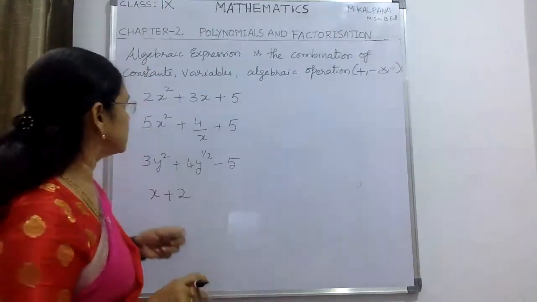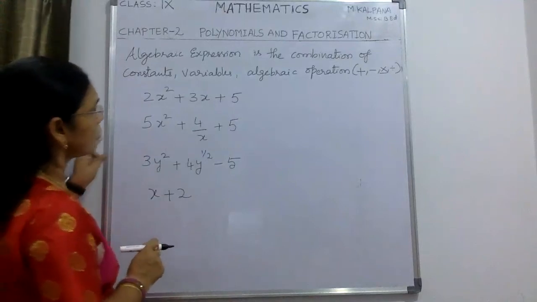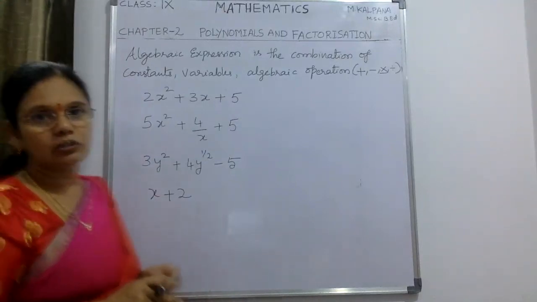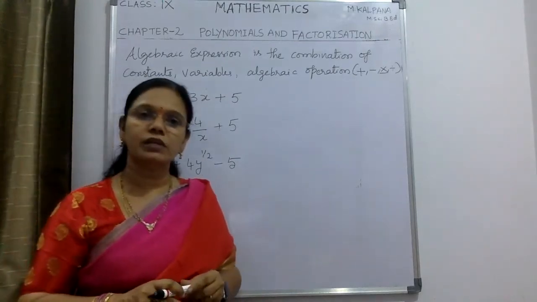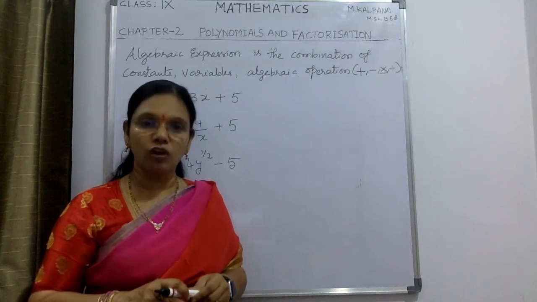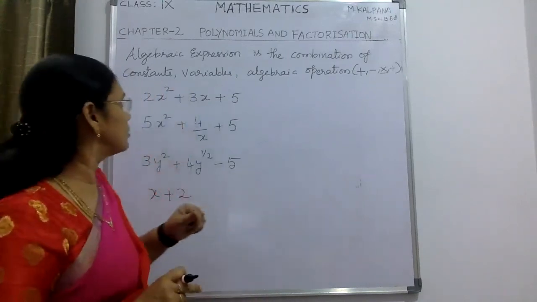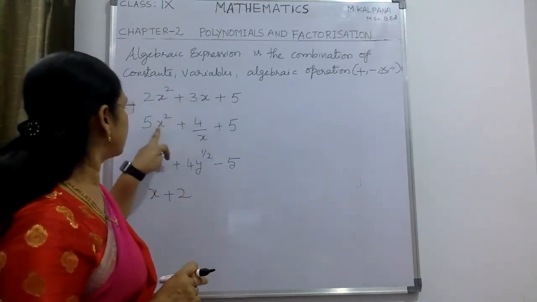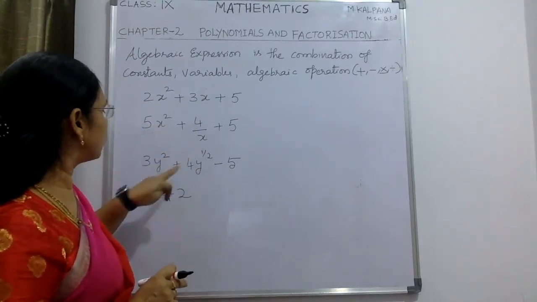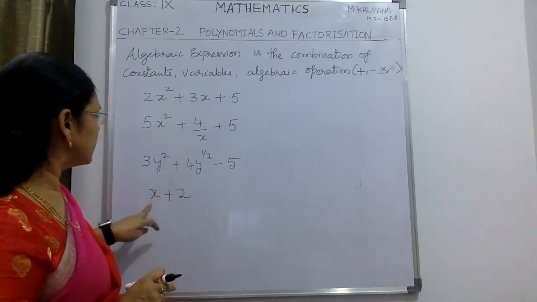If you observe here, children, the polynomials are the algebraic expressions in which the variables involved, what are the variables involved here? Here x, and in the second expression also x is involved. Here it is y, here it is x.